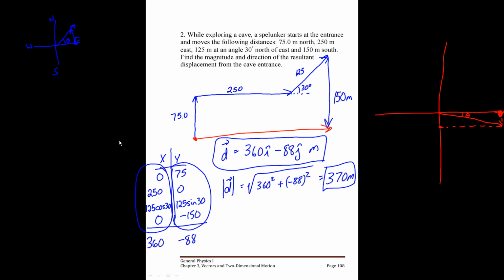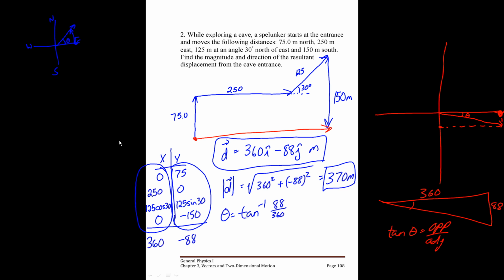All right. So to find that angle, I do the inverse tangent of 88 over 360. See, because I have a right triangle here. I have 360 and 88. Tangent of theta equals opposite over adjacent.